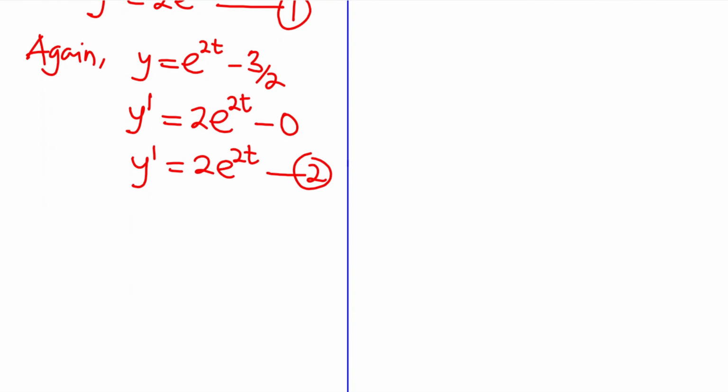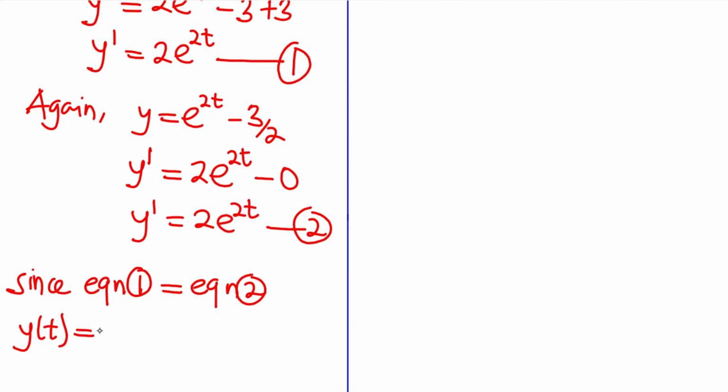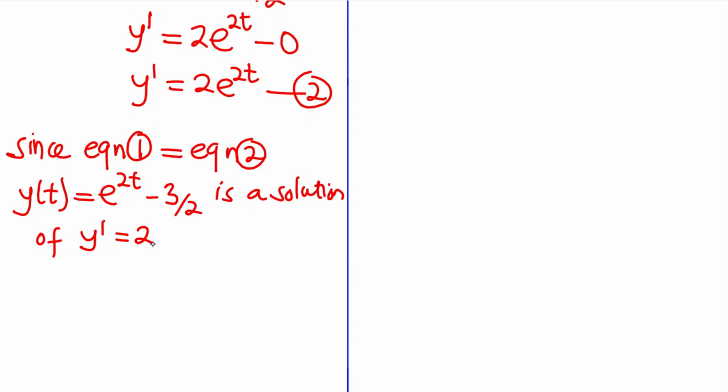So we can say that since equation 1 is equal to equation 2, we conclude that y of t, which is equal to 𝒂𝒚+2t minus 3 on 2, is a solution of y prime is equal to 2y plus 3, and this becomes the solution of example 1.